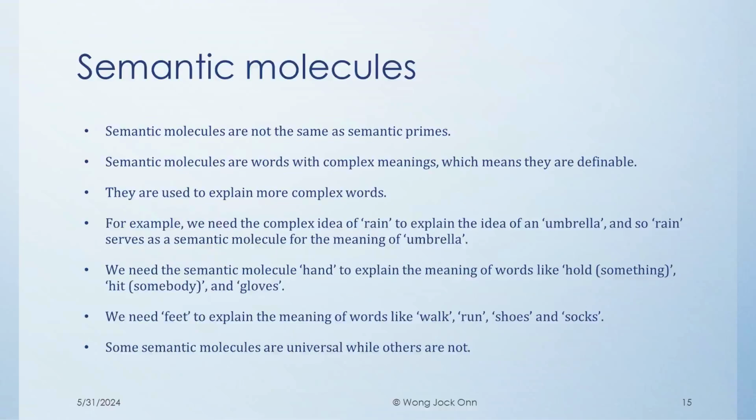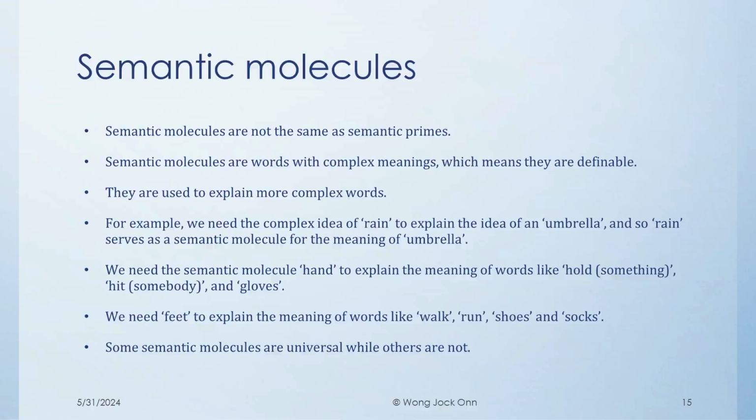Semantic molecules are not the same as semantic primes. Semantic molecules are words with complex meanings, which means they are definable. They are used to explain more complex words. For example, we need the complex idea of rain to explain the idea of an umbrella, and so rain serves as a semantic molecule for the meaning of umbrella.